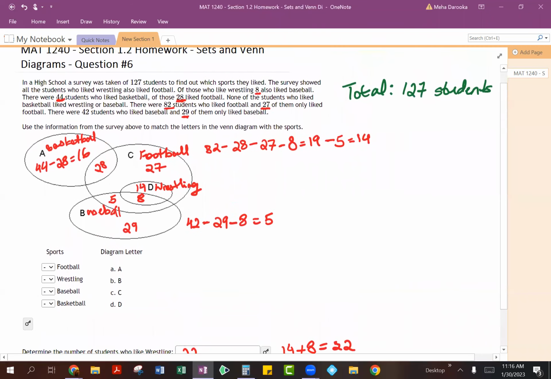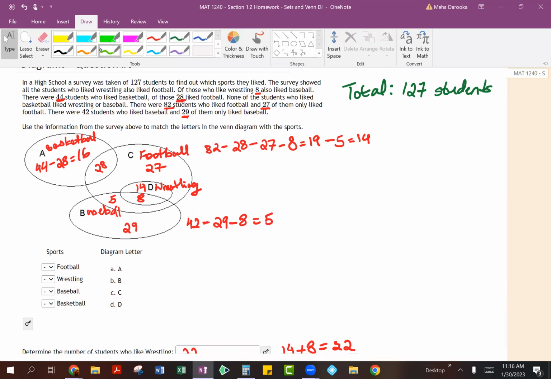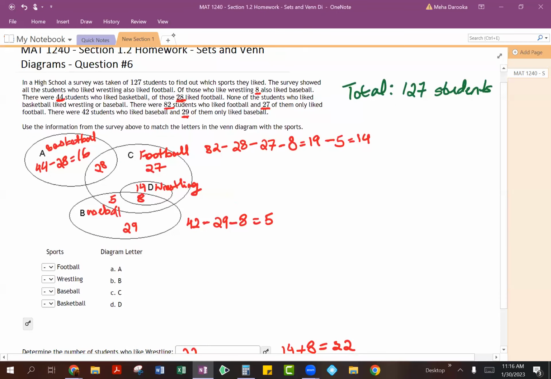Now, I just wanted to show you, if you do this correctly, then your total should come out to be 127, because that's how many students you started out with. So you can see I'm going to start on the left-hand side with the basketball circle. So we had a total of 16 students plus the 28 within the basketball circle.